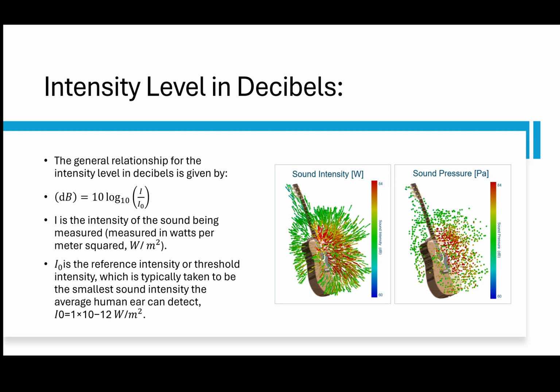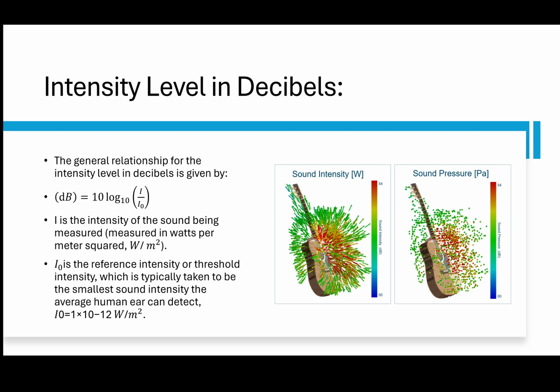All right, I naught tends to be 1 times 10 to the negative 12 watts per meter squared. So that is what we measure intensity in: watts per meter squared.